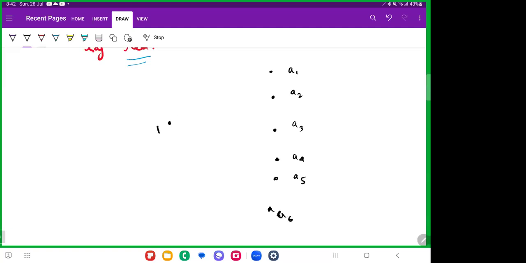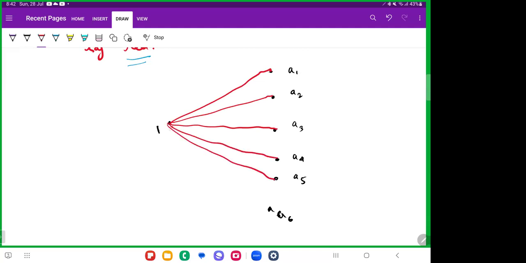So we have 6 red edges, connecting vertex 1 to these 6 vertices. Now if A1, A2, or A2, A3, or A1, A3, or any pair of these is connected by a red edge, then we are already done, since we have a monochromatic triangle. Correct or not?